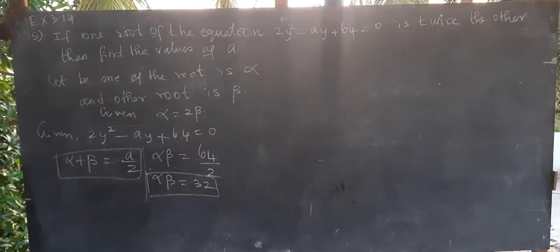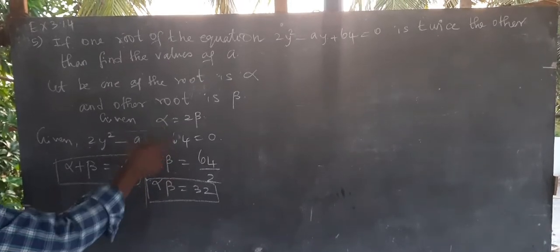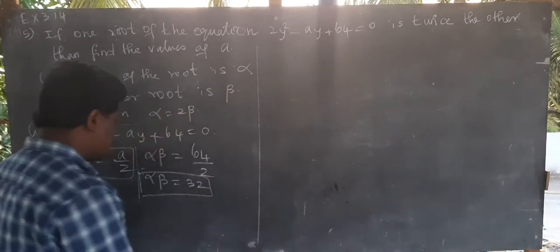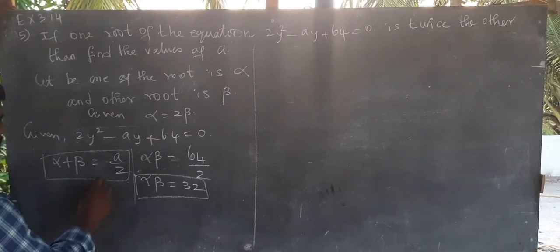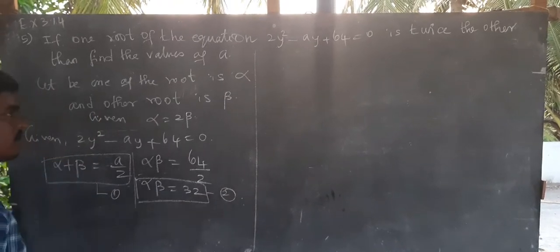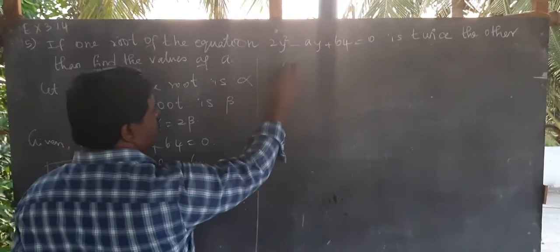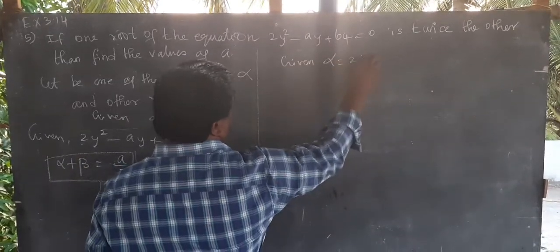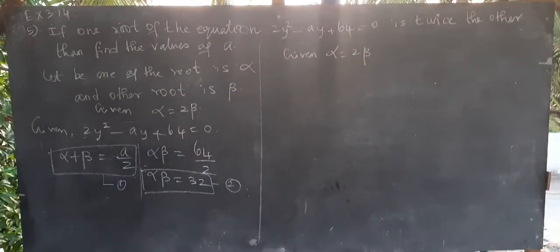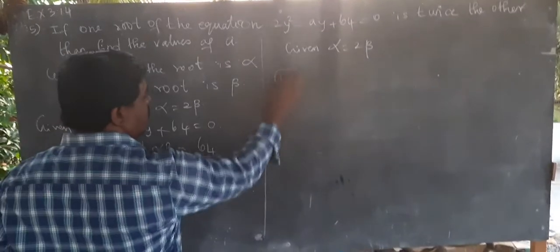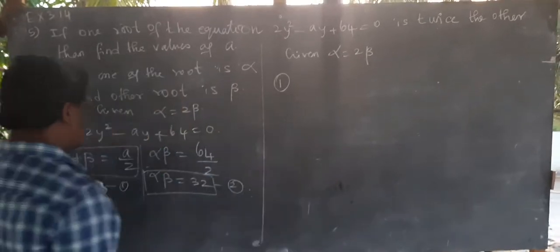Now they have given alpha equal to 2 beta. Find the value of a. Given alpha equal to 2 beta, so this one I write: alpha equal to 2 beta.